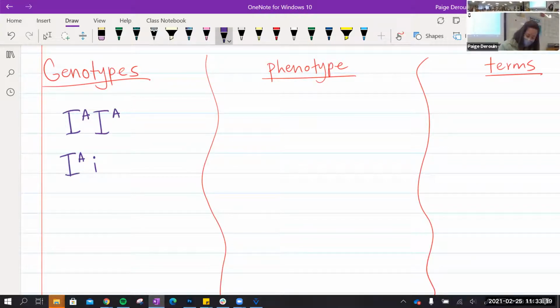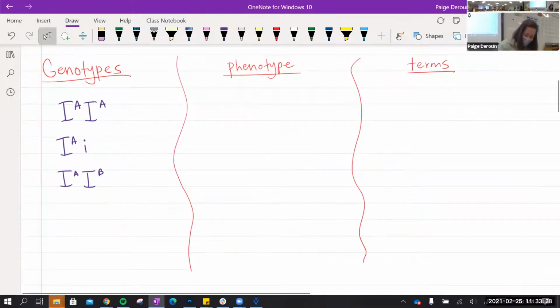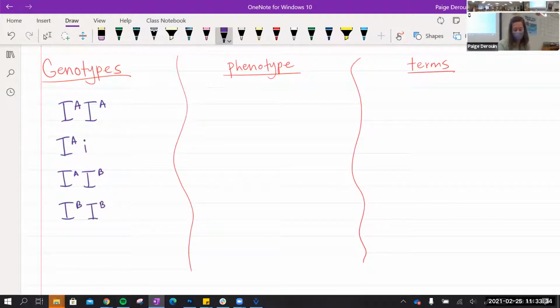You can be I big A, I big B. You can be I big B, I big B. You can be I big B, small i. And you can be two small i's. Those are all the possible genotypes for blood.